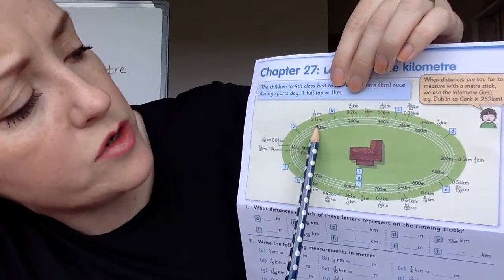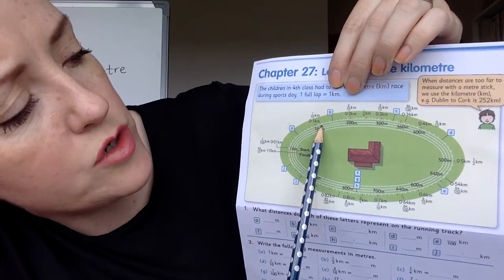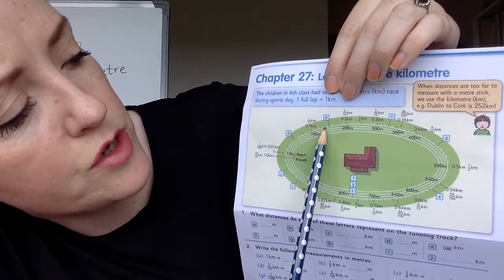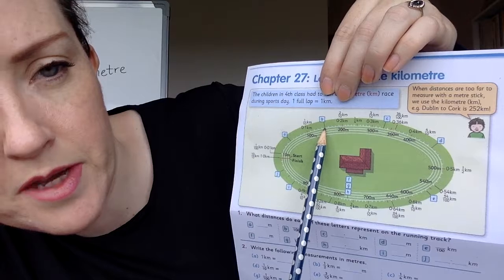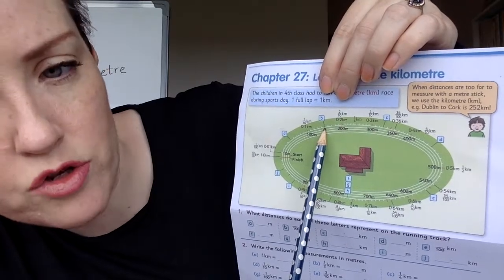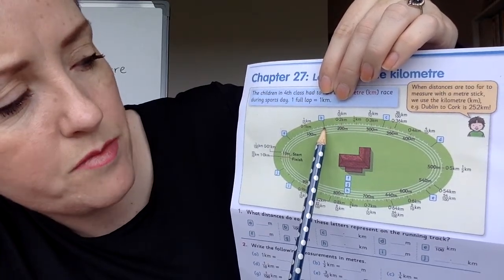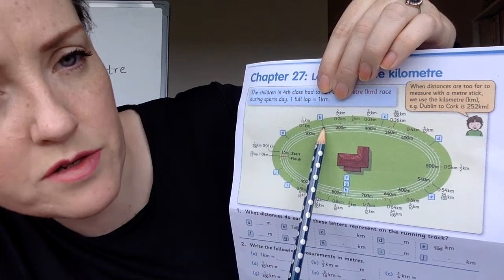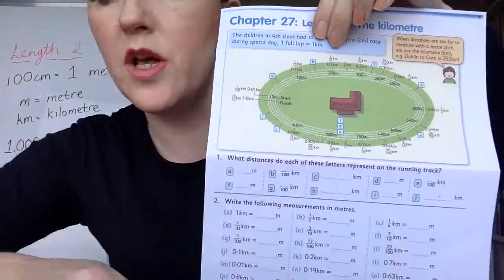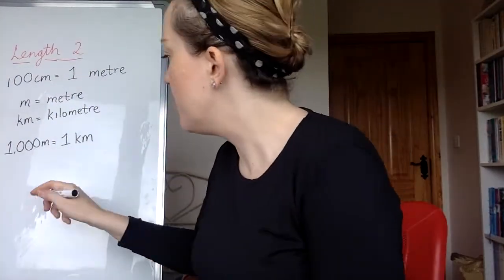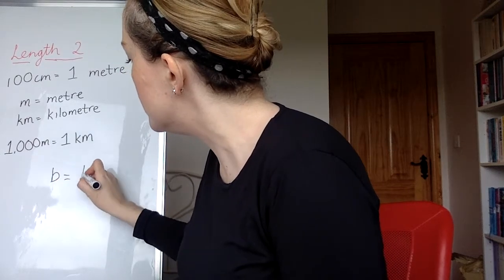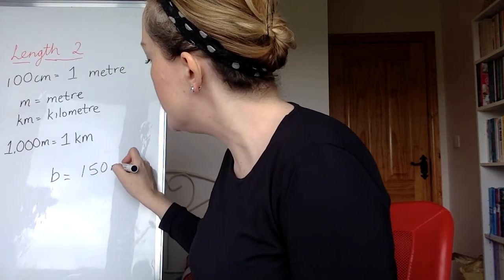So I say 100, 110, 120, 130, 140, 150 meters. I know that's 150 meters. What would that be over 100? 150 meters. So I know that B is equal to 150 meters.